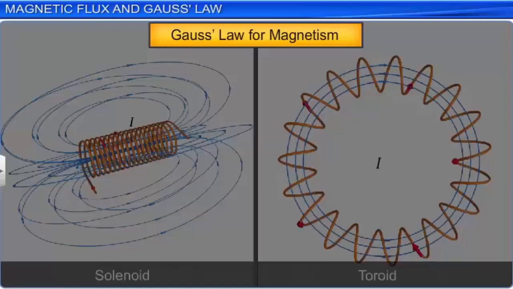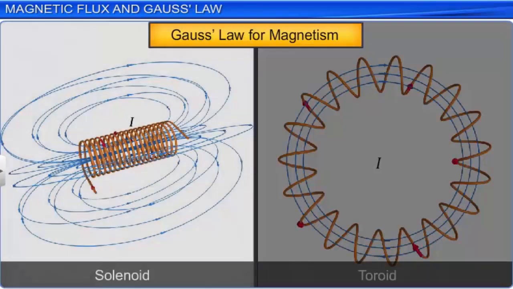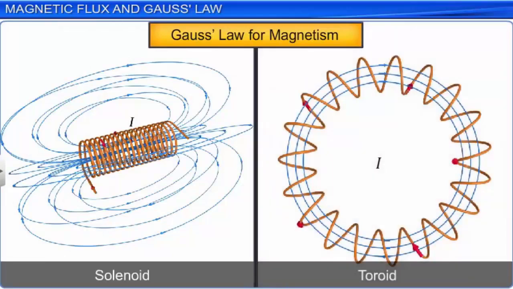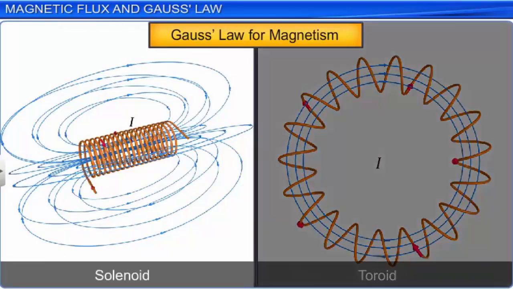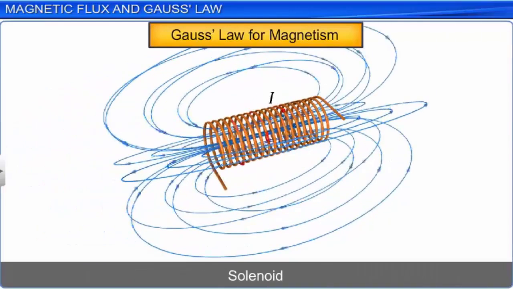For a better understanding, let's discuss Gauss law for magnetism with some examples, such as a solenoid and a toroid. In the case of a current-carrying solenoid, the magnetic field lines around the solenoid are similar to that of the magnetic field lines due to a magnetic dipole.